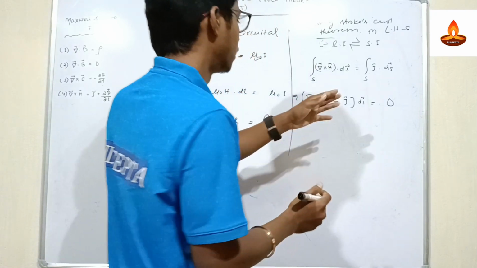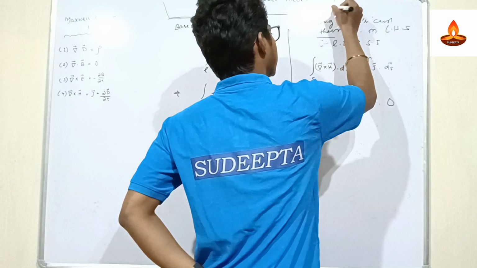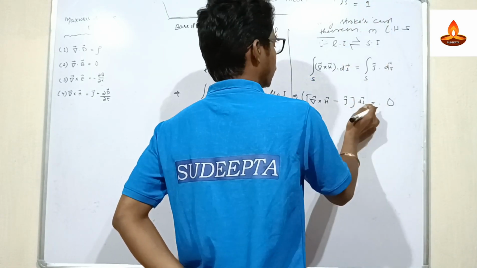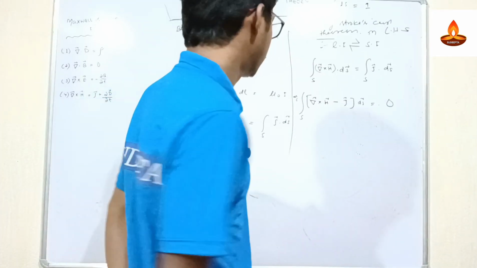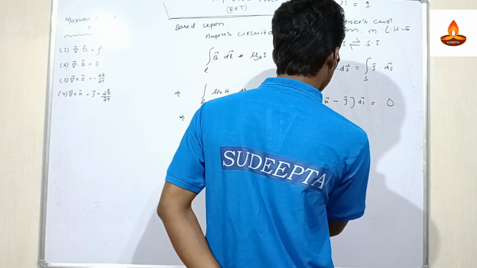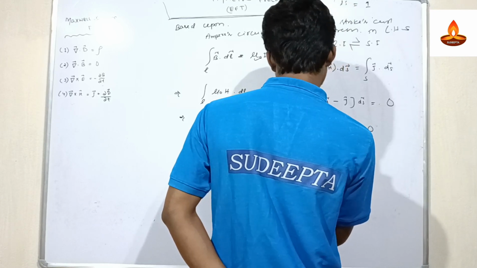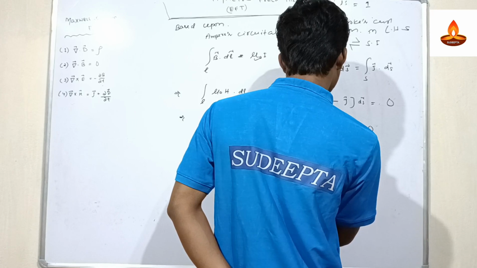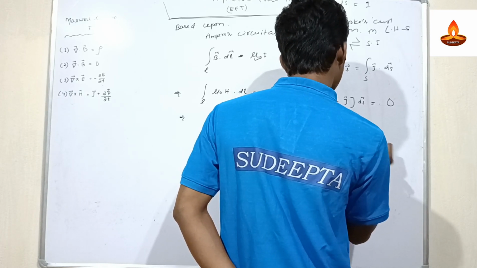The integration of ds will be 1, so 0 divided by 1 is equal to 0. So we can write curl of H minus J is equal to 0, which implies curl of H is equal to J. This is the equation we got from this.